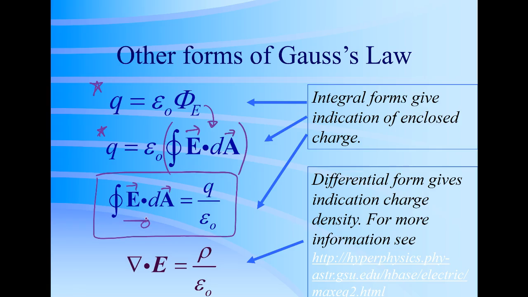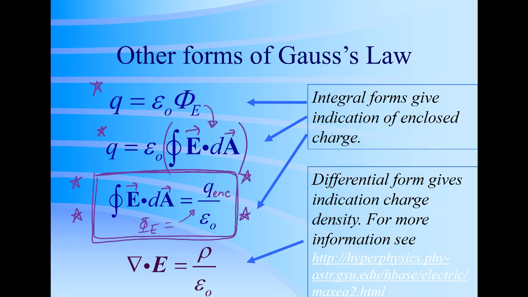On one side you have the flux, and on the other side you have information about the charge that's enclosed. So this one in the box is really my favorite version of Gauss's law. You can use any one that you want, but I'm going to be solving problems using this, and this is the enclosed charge.